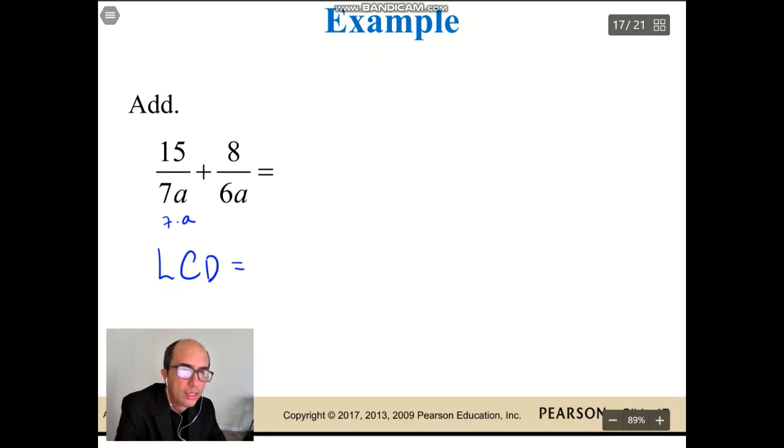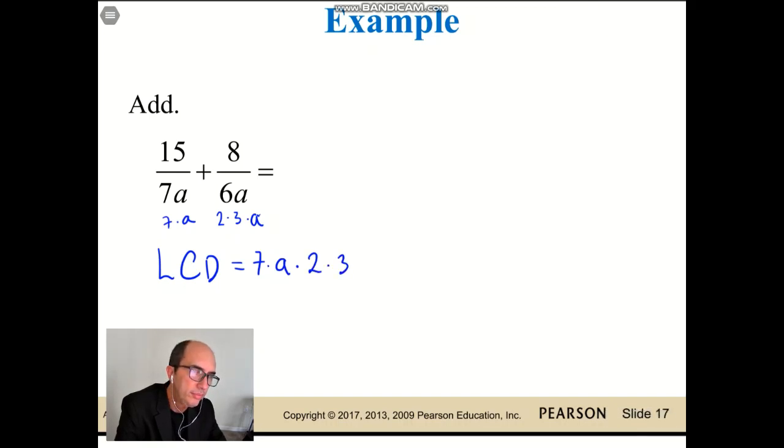And this one is 2 times 3 times a. So unique factors, we have 7, a, 2, and 3. That will result in 2 times 7, 14, times 3, 42. Is it right? Yes, I think so. 42a.